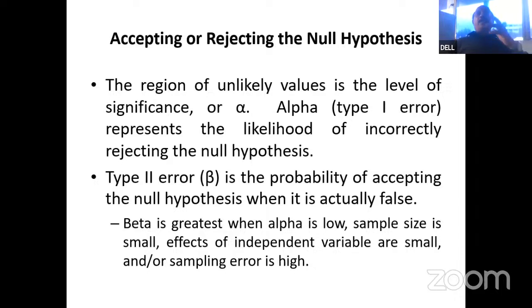So type 1 error in this sense: once you have manufactured one product, you feel that the quality standard of that particular product is true, that it is in quality. But accidentally, the quality control department rejects that manufactured product.